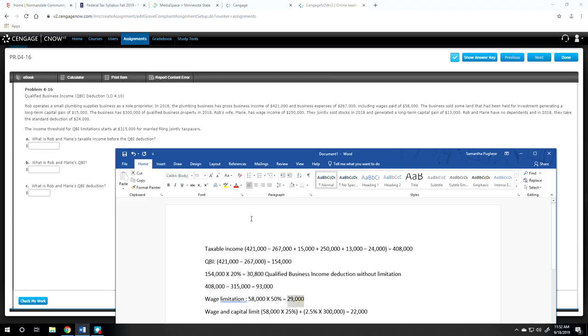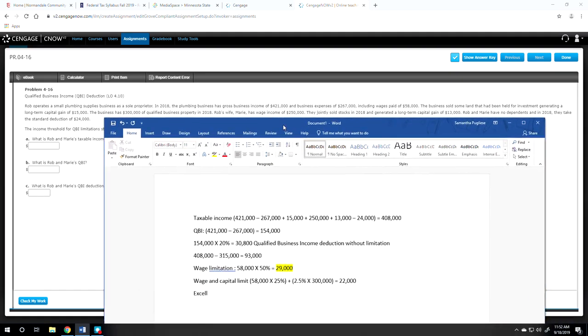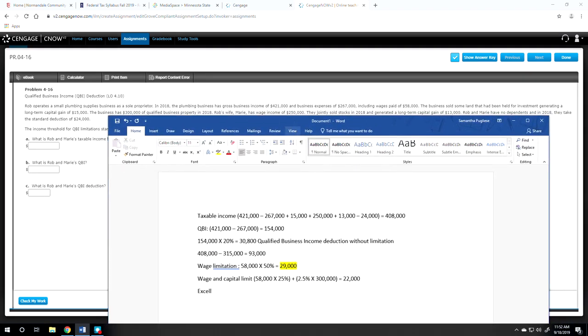This is the greater number. So there's an excess deduction. The excess is the 30,800 minus the 29,000. The excess is 1,800. Okay. Oh my gosh, we're not even done yet.